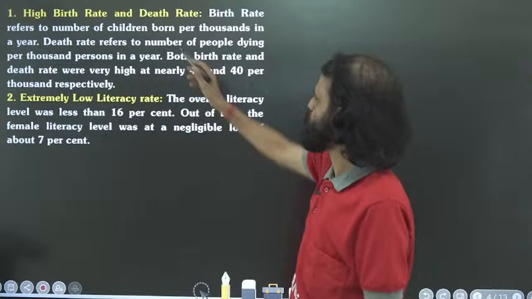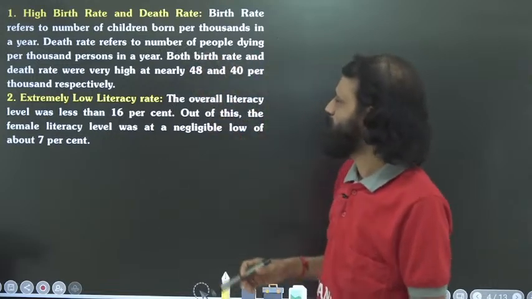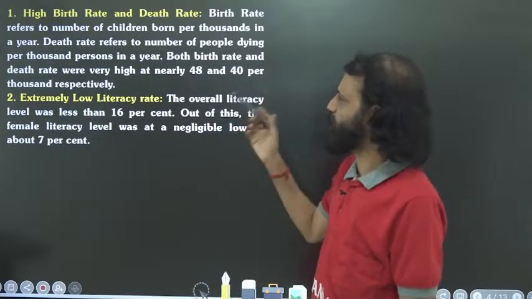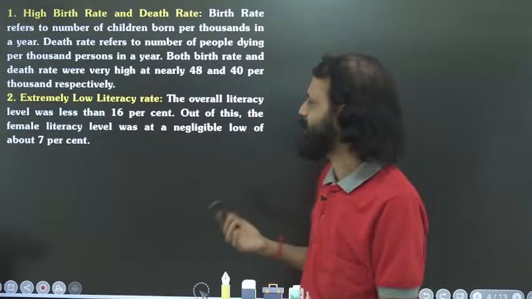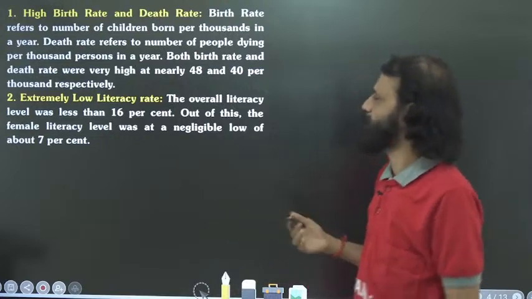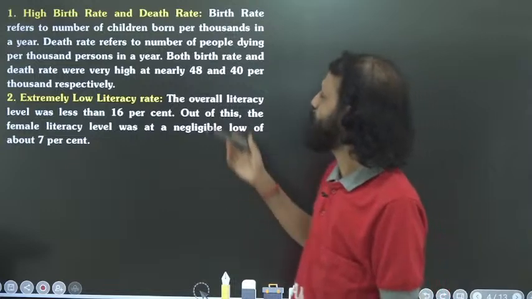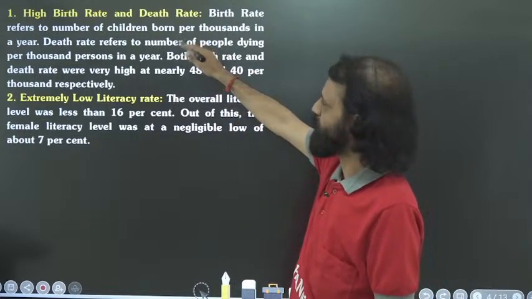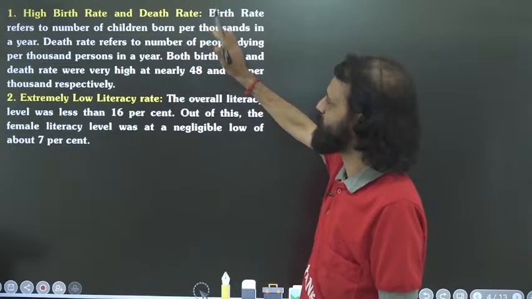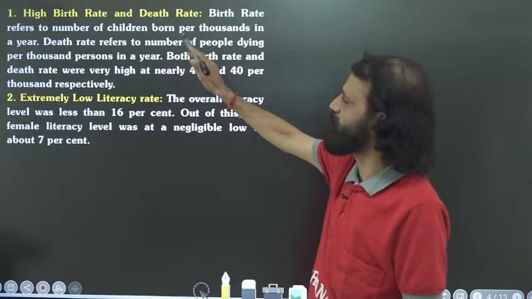Death rate refers to the number of people dying per thousand persons in a year. Among a thousand persons, how many die in a year? And among a thousand people, how many newborn babies are there? That is what we study.